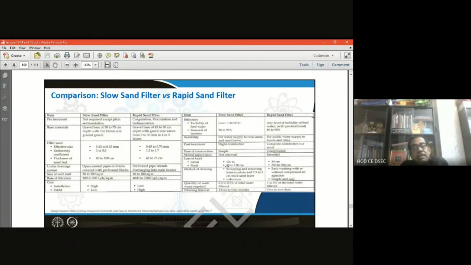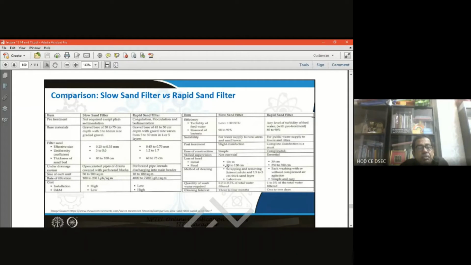Because in the slow sand filter the rate of filtration is slow, so definitely the grain size of the sand will be smaller than in the rapid one, where it is coarser. In the rapid sand filter the filtration rate is high, so it is 0.45 to 0.7 millimeter.